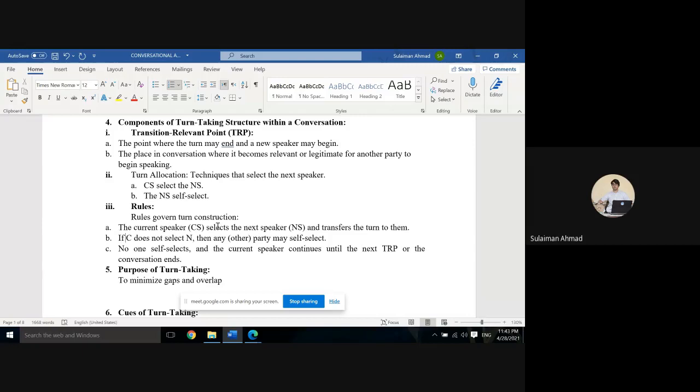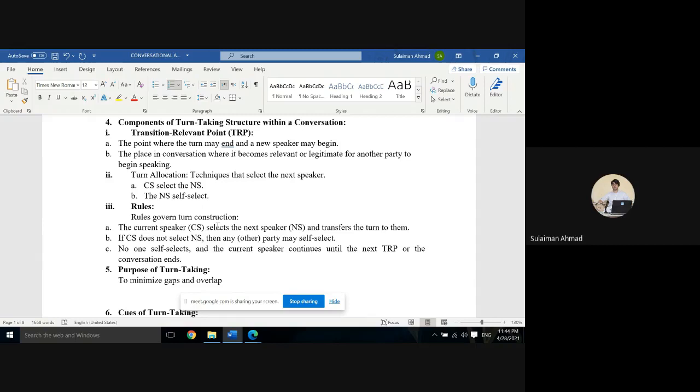Rule number two, if C does not select N, C meaning current speaker, if the current speaker does not select the next speaker, then what happens? Then any other party may self-select, in the case of a multi-party conversation. Let's suppose Ibad, Masroor Hayat, Fuad Amin, Huda, Arusa, four or five people are having a conversation, and Arusa is talking, and she does not select the next speaker and keeps on speaking.